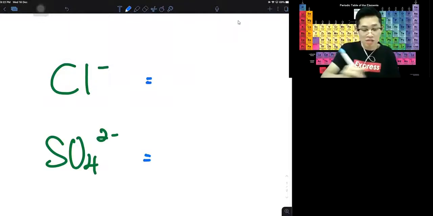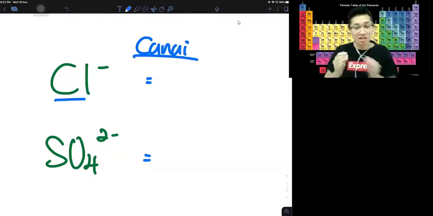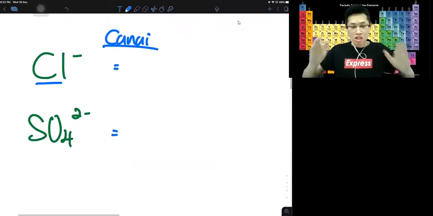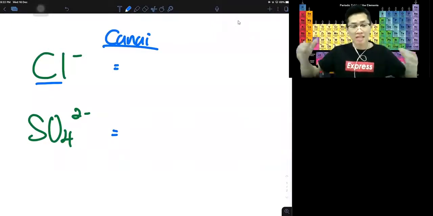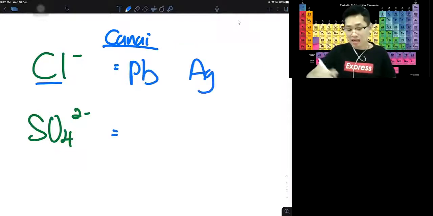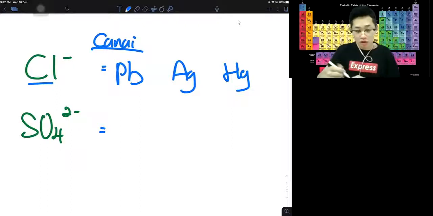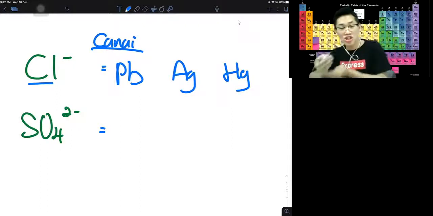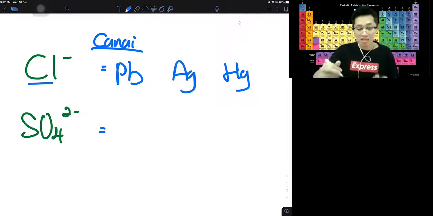Chloride, we always call it roti canai. C stands for canai. Roti canai is always soluble, except when it pairs with Persatuan Agama Hindu, PbAgHg. Then it will become insoluble.